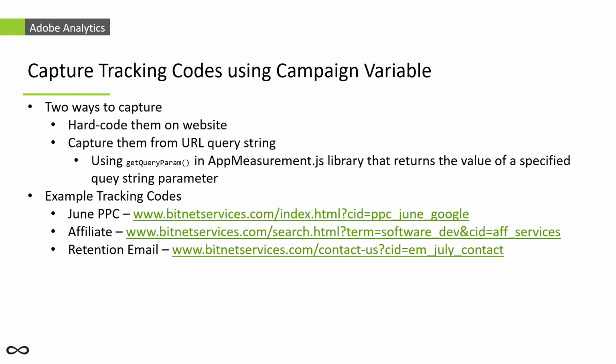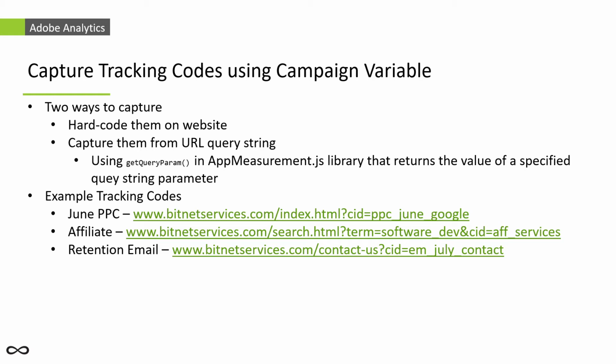Now, how should we capture tracking codes using the campaign variables? It is likely that there are multiple ways to do that. However, let's focus on the right ones. In the given example of tracking codes, we have multiple ways to extract them.